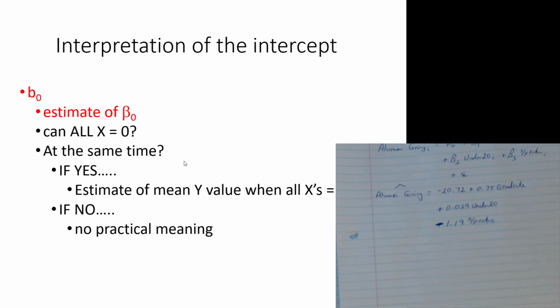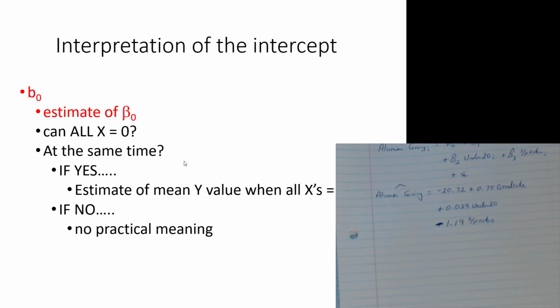Before we even interpret that number, we ask, does that number itself have any practical meaning? A negative percentage of alumni giving, what does that look like? That makes no sense.